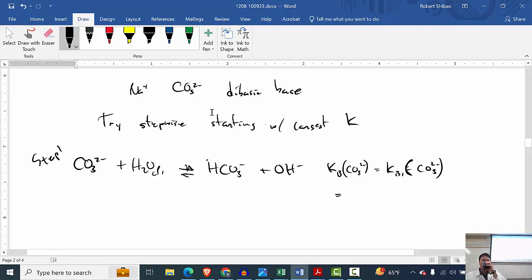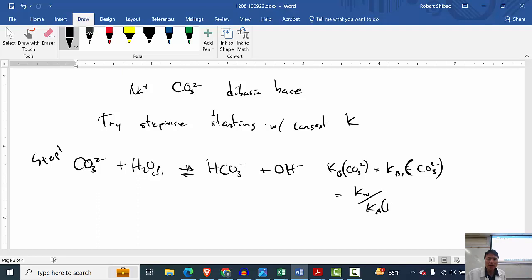Which is not in the table. The Kb value is not in the table for carbonate, and therefore what would you look for? The Ka for bicarbonate. Yeah, exactly, because the Kb for carbonate is going to equal Kw divided by the Ka for the conjugate acid. The conjugate acid is going to be bicarbonate.